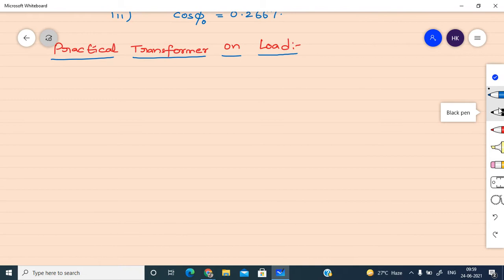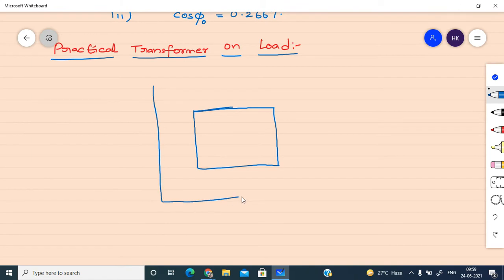Let us see the operation of the transformer under load conditions. This is the core of the transformer.